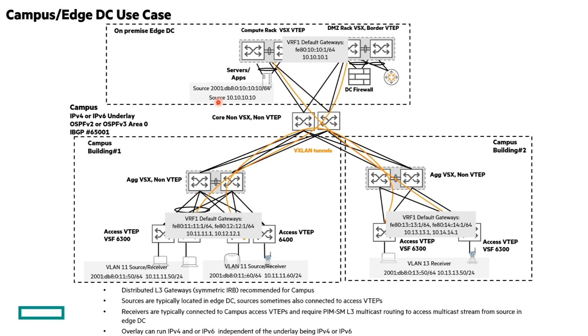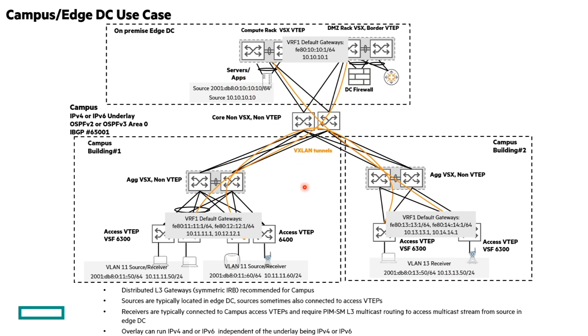Now, typically, if we have this scenario, then we're going to have to be using PIM sparse mode for layer 3 communication between, for instance, VLAN 13 here, one receiver trying to access a source in the DC.